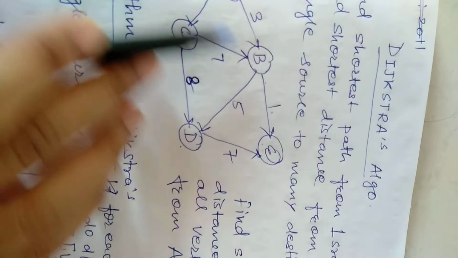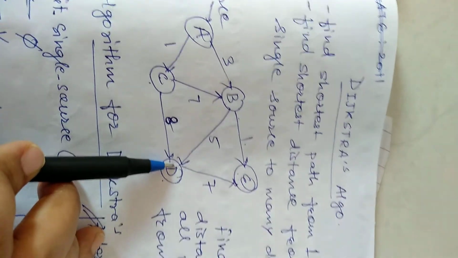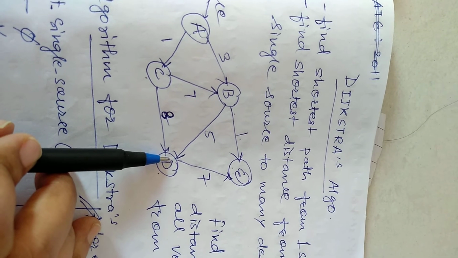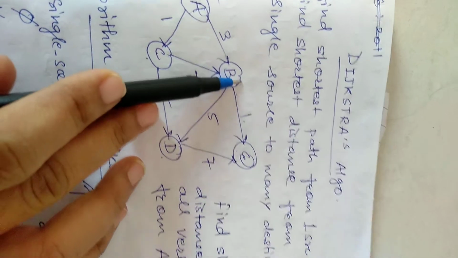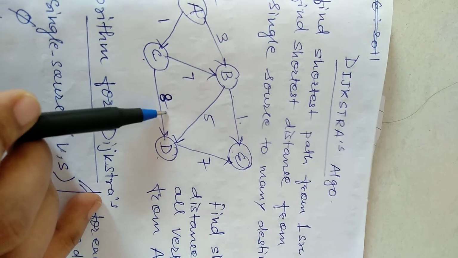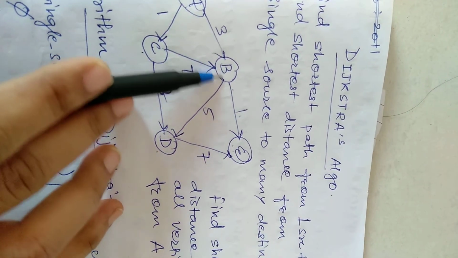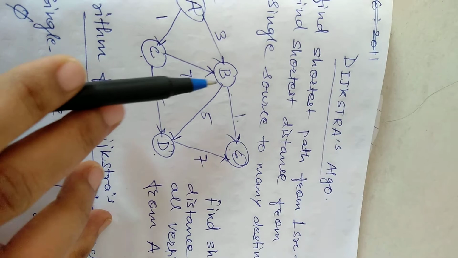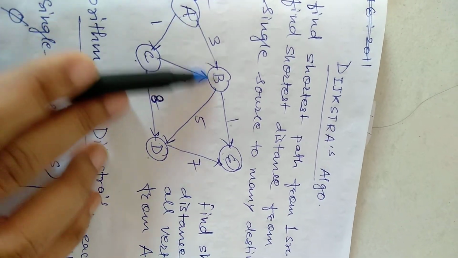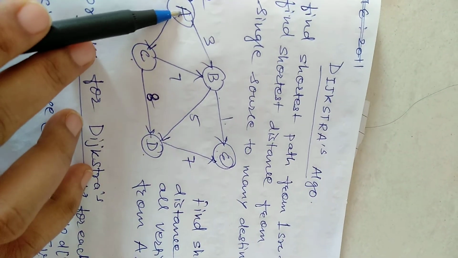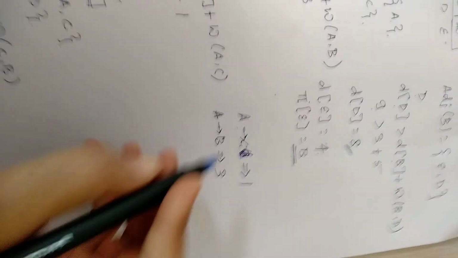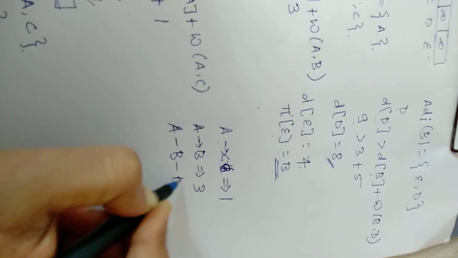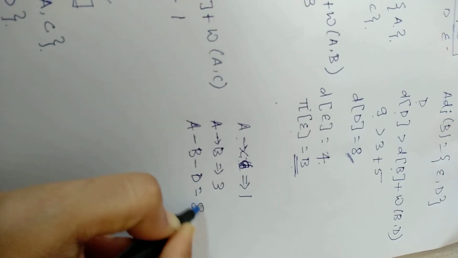Now A to D. As we have found out that B is the parent of D, because from C it was at a distance of 9, but due to inclusion of B we get distance of D as 8. So parent of D is B and parent of B is A. So the shortest distance of D from A will be 5 plus 3. So it is A, intermediate vertex is B, and then D. That will give you a distance of 8.